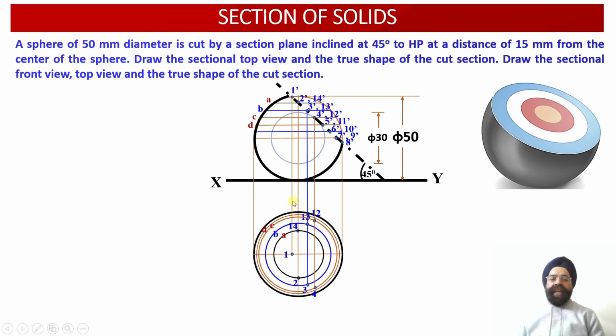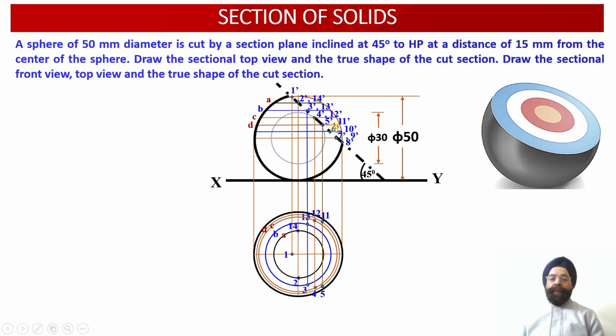Now 2 points of intersection are available with us in the front view projections as 5 dash and 11 dash. So from 5 dash and 11 dash, again we have drawn a vertical projector line and we will extend it up to the point where it will be intersecting with ring D at this point and this point over here. So this point will be point number 5 and this point will be point number 11 over here.